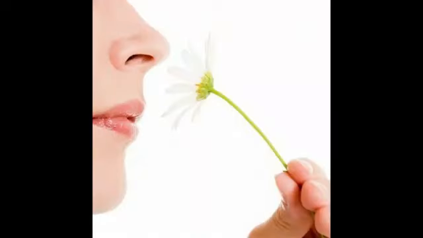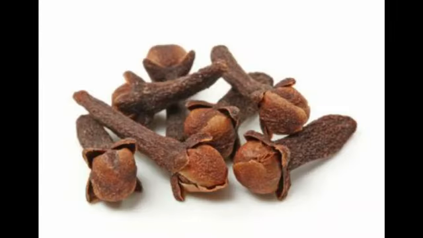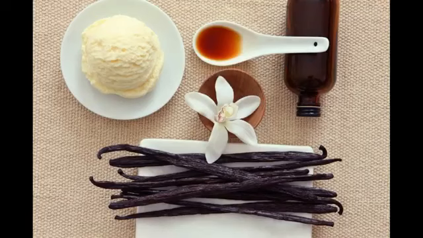So an olfactory indicator is a substance whose smell varies depending on whether it is mixed with an acid or a basic solution. Olfactory indicators can be used in labs to test whether a solution is an acid or a base. A process called olfactory titration is used to let this happen. Onion, clove, and vanilla extracts are examples of this.